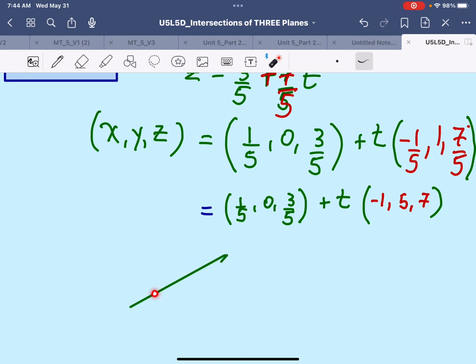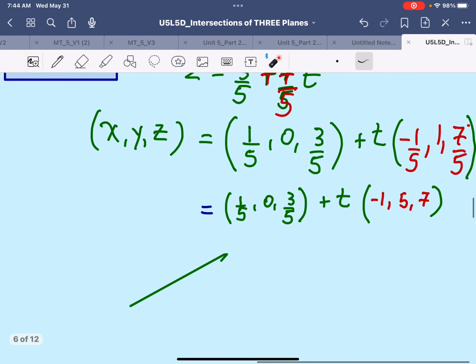But the point where we start from has to be on the line, and we do not want to mess with that. We don't want to make it bigger or smaller, because that will take us somewhere else, not on the line, but somewhere else in 3D. And that won't represent the line that we are talking about. It would be another line that may be parallel to this, but it starts at a different point. So this doesn't change, but we can modify the direction vector at all times.